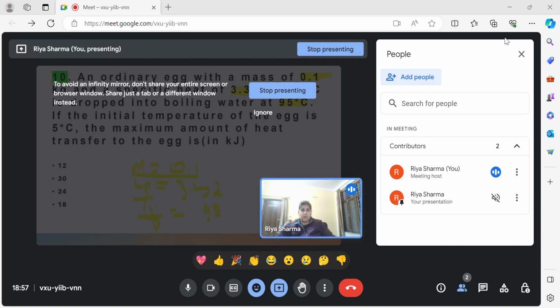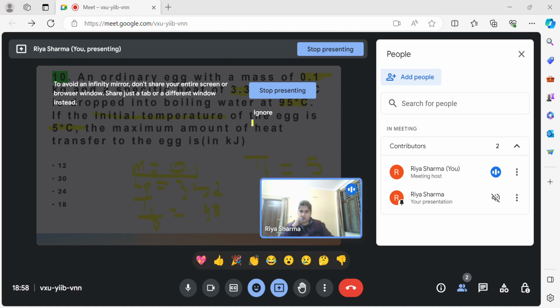An ordinary egg with a mass of 0.1 kg and a specific heat of 3.32 kilojoule per kilogram degree Celsius is dropped into boiling water. It is saying that the initial temperature of the egg is 5 degrees Celsius, so Ti is given as 5 degrees Celsius.